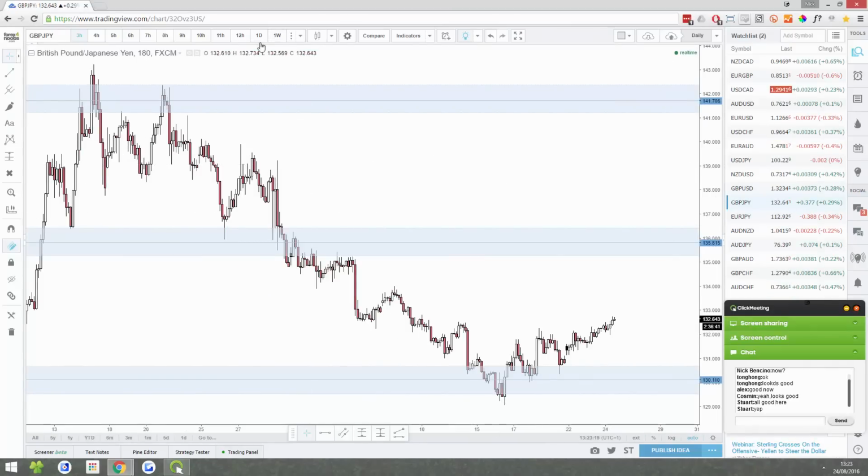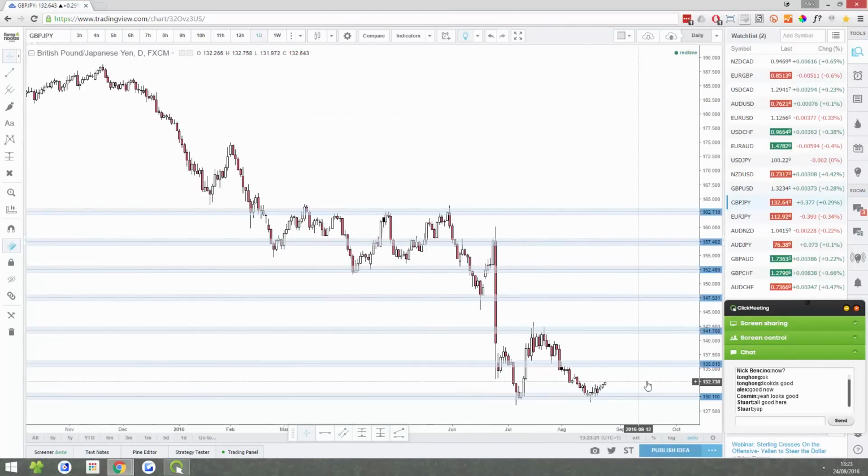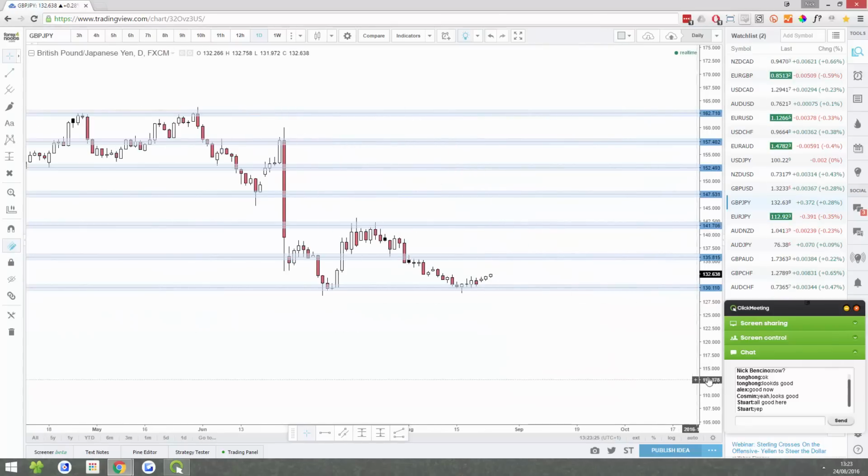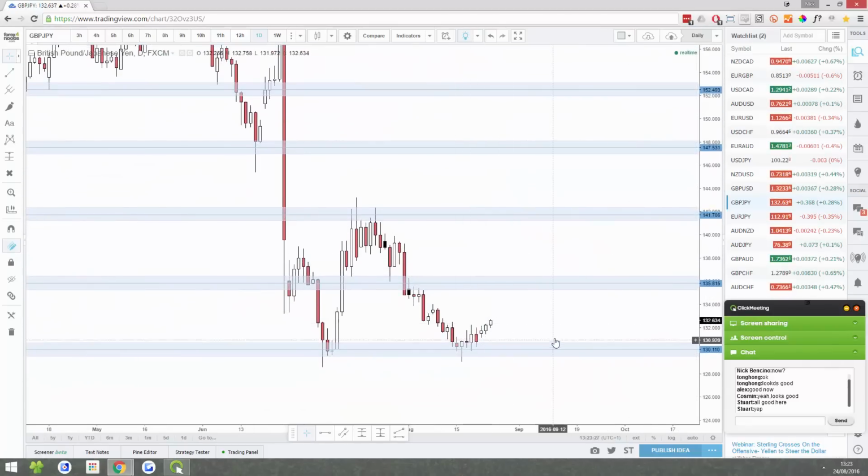GBP JPY. Who's still in that GBP JPY long? I'm kind of kicking myself because yesterday I said this trade has been running so long that I would be considering exiting at this point, had I been in it, which I didn't enter, sadly.